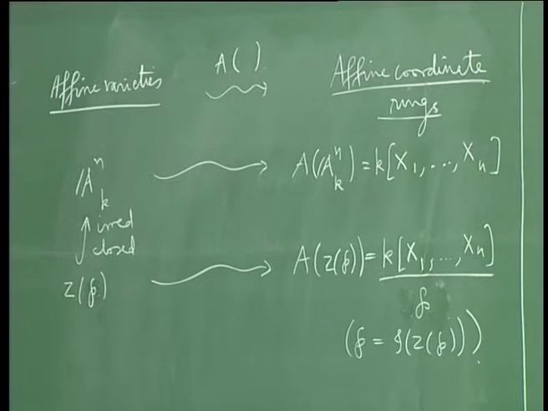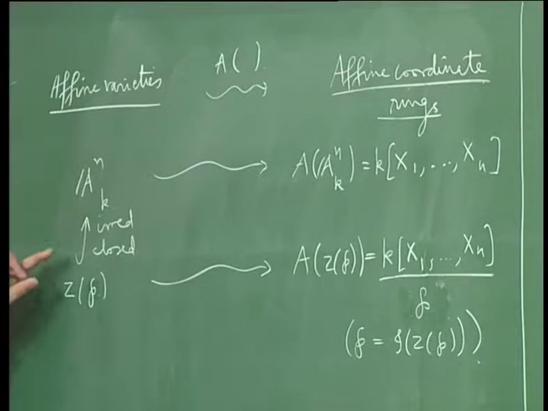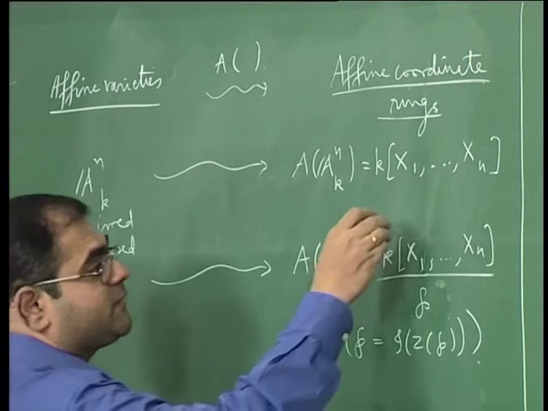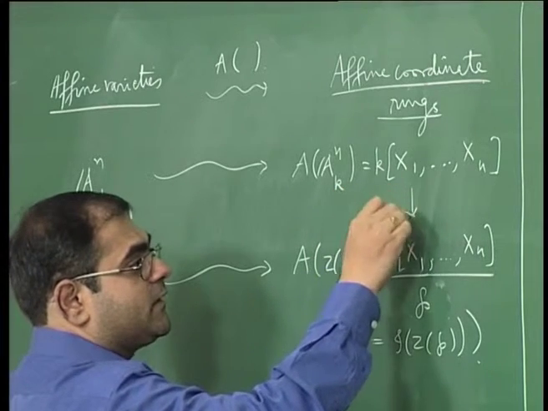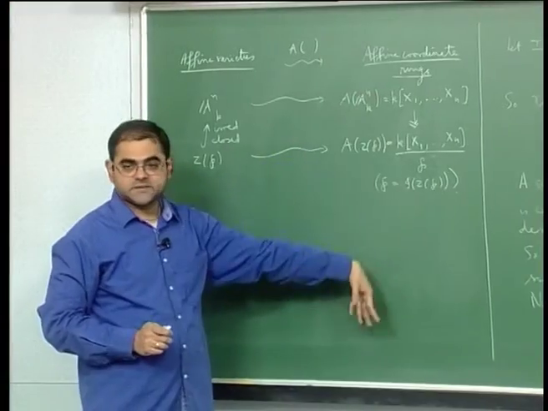In fact I also told you that the fact that this is an irreducible closed subvariety is reflected by showing that from here to here you have a quotient, because this is just the quotient by the prime ideal P. I was trying to tell you that you have a more general picture: whatever you have on this side, there is a reflection of it here.